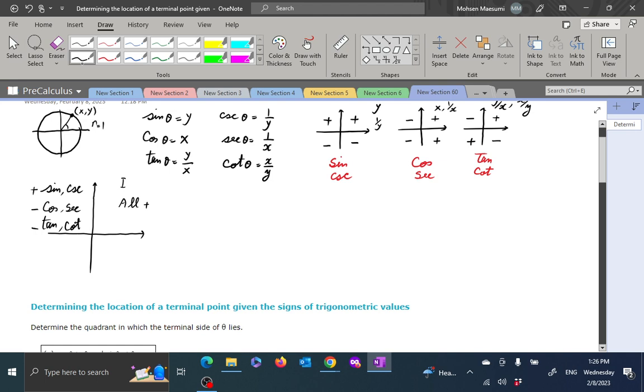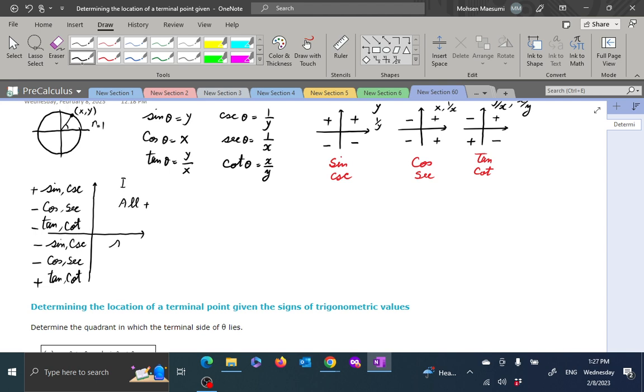How about in the third quadrant, sine and cosecant? Since y becomes negative, they are going to be negative. Cosine and secant also negative, and then tangent and cotangent, they are going to be positive. How about the fourth quadrant?